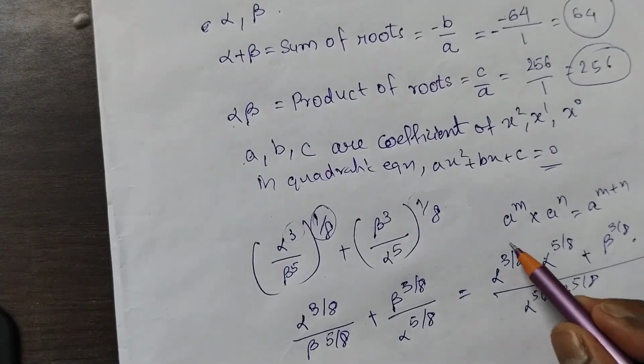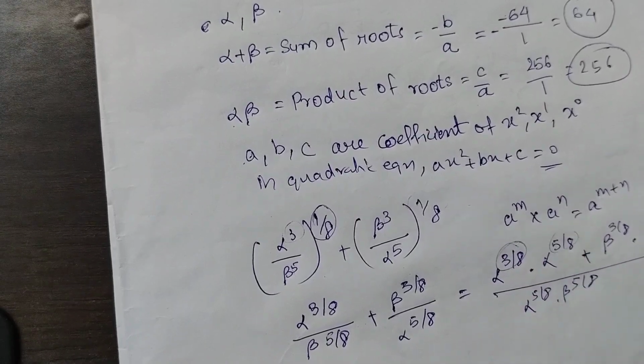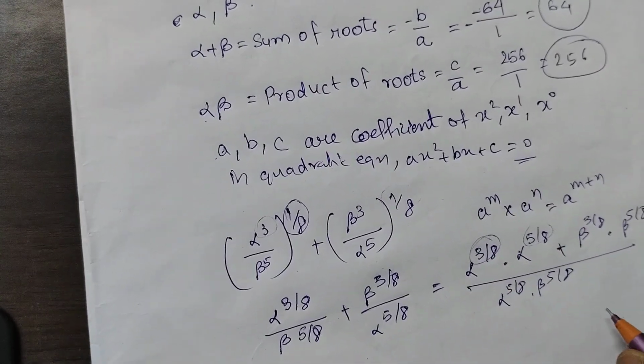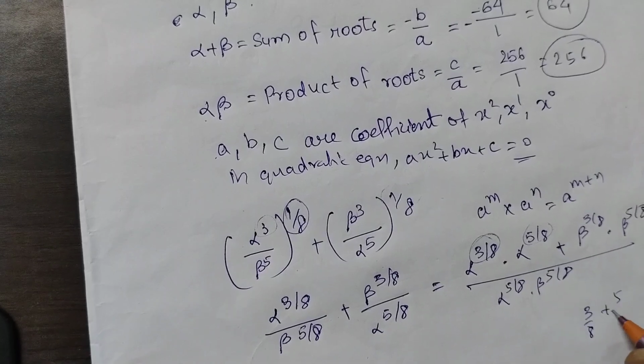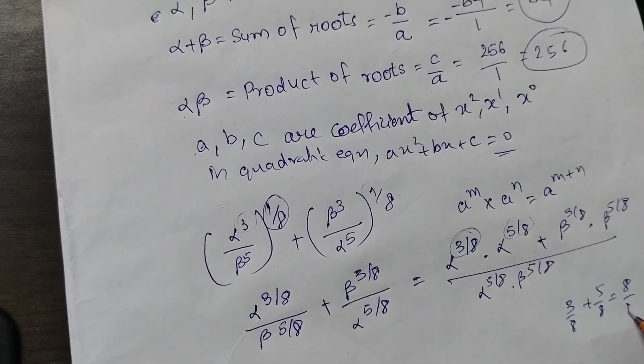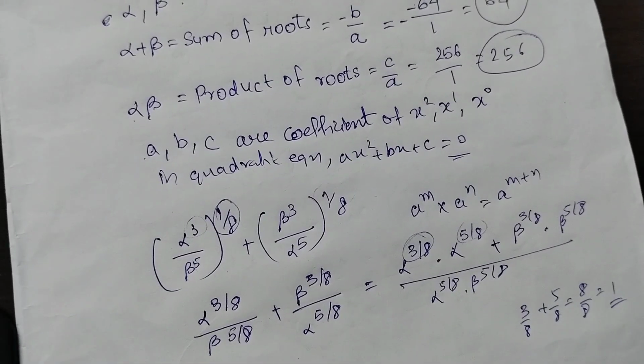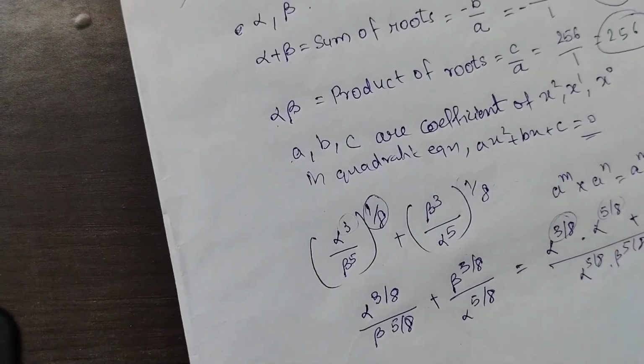As we can see, 3 by 8 plus 5 by 8 is 8 by 8, which equals 1.